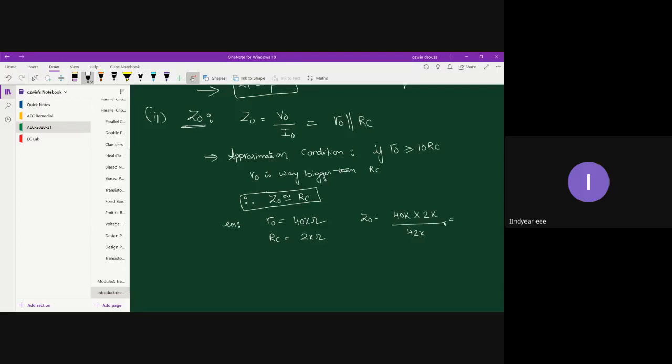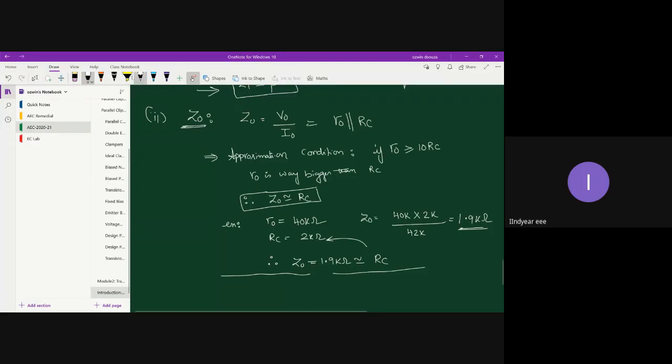Just take out the ratio and tell me how much you get. You will get 1.9 kilo ohm. Did anyone get it? Z0 as 1.9 kilo ohm. Yes, sir. So Z0 is 1.9 kilo, which is very close to the RC value, which is 2 kilo. That is what I am trying to convey over here. So that's your Z0.